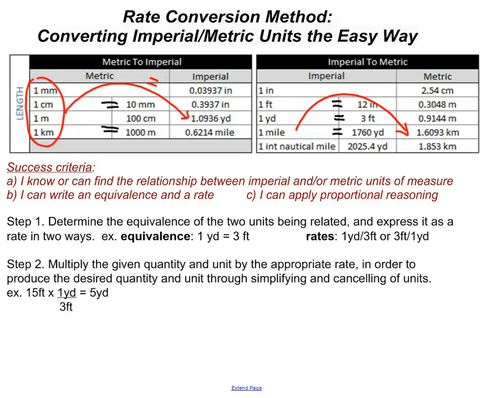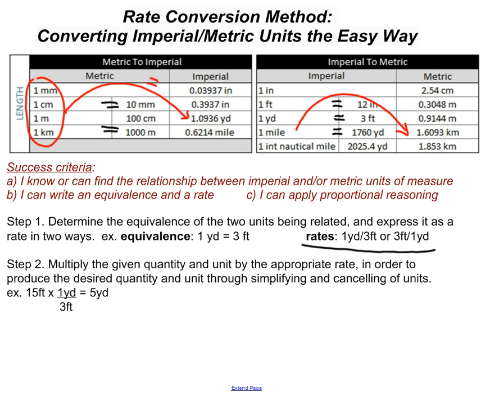So here's an example where we're trying to convert, say, 15 feet into yards. We know that 1 yard is equal to 3 feet. That's a fact. From that we can state that there's 1 yard for every 3 feet, or we could state that as there's 3 feet for every 1 yard. So those rates are written down with the expectation that one of them is going to be used.